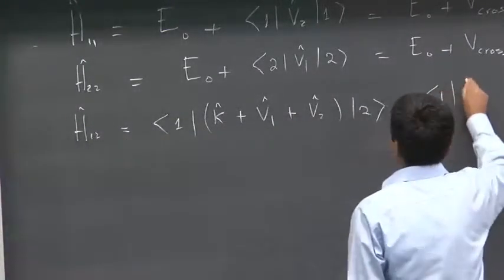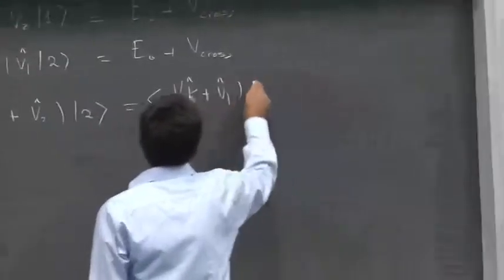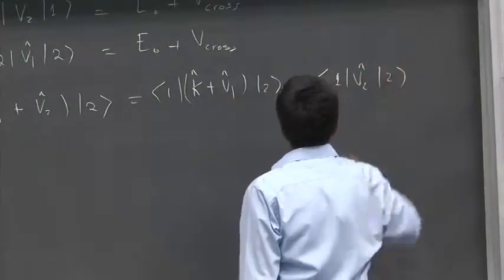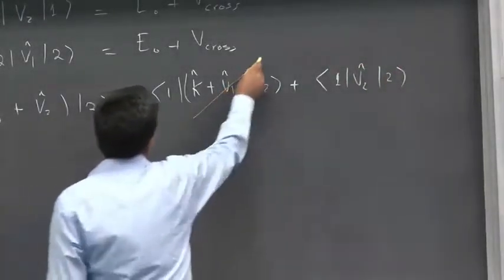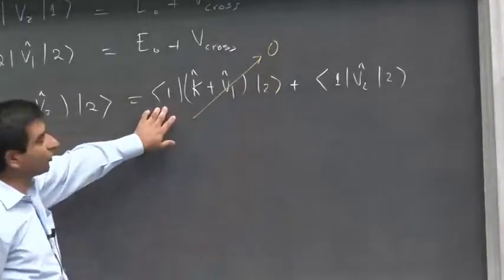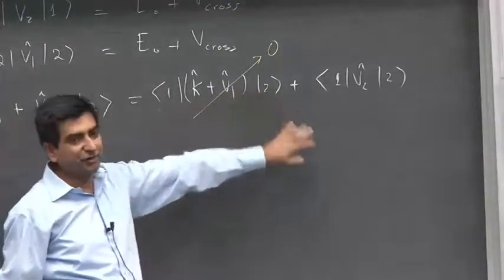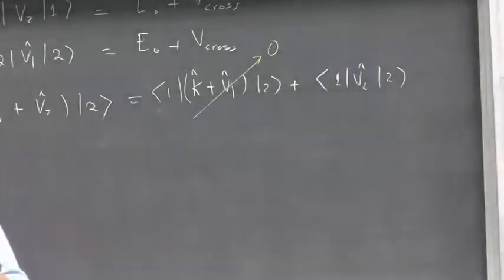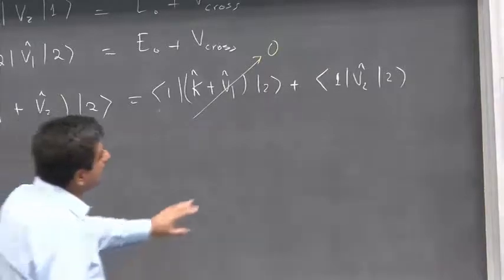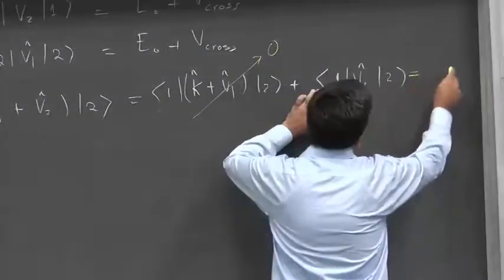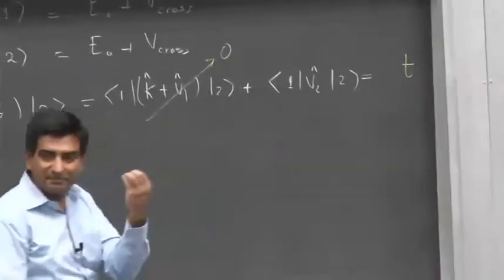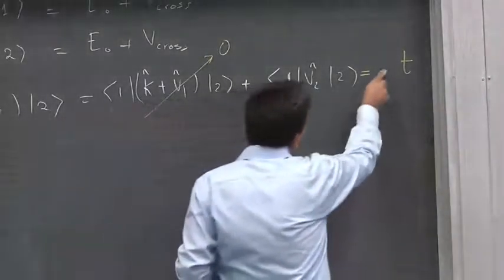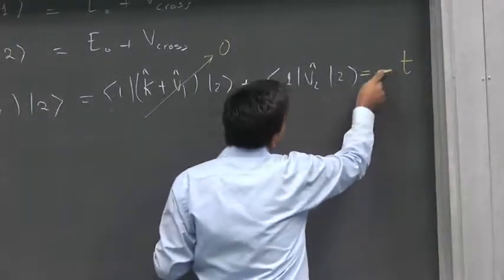K plus V1 2 plus 1 V2 2. This term is 0, no doubt, because this is E naught, and ket 1 and ket 2 are orthogonal. But what about this term? This is non-zero. This is like an exchange interaction. Let's call this term T. It's some number, a complex number. And for conventional reason, let's put a minus sign in it. Let's call this term minus T.